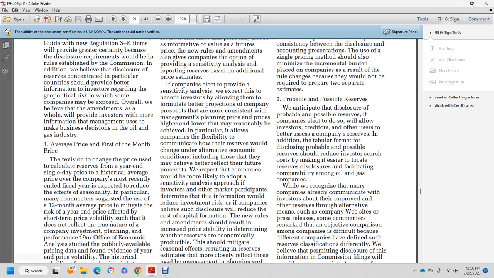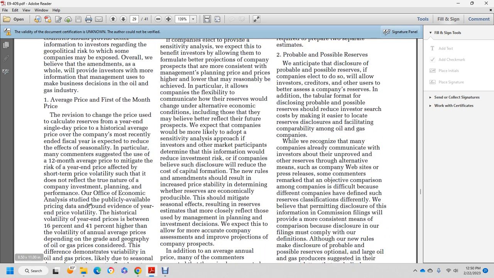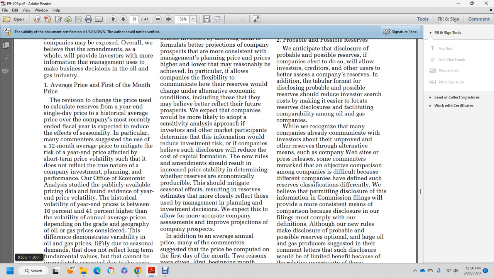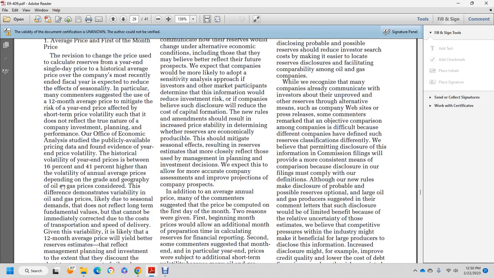The performance of the economic analysis study using publicly available price data found evidence of year-end price volatility, with historically volatile year-end prices between 16 and 41% higher than the annual average price. Geographically, oil and gas prices show differences that demonstrate the variability within oil and gas prices, likely due to sizable demand, and do not reflect long-term fundamental values.